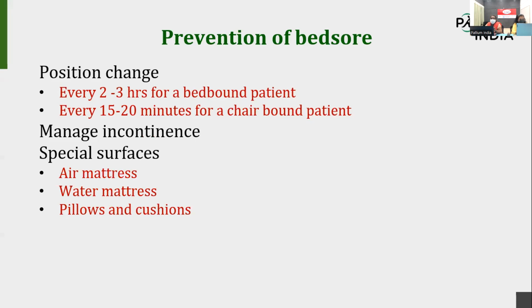If they are not willing to have a catheter, you can advise the caregivers to use a diaper. If they cannot afford a diaper, then instruct them to change the linen as soon as it is wet. That way we can prevent pressure ulcers.